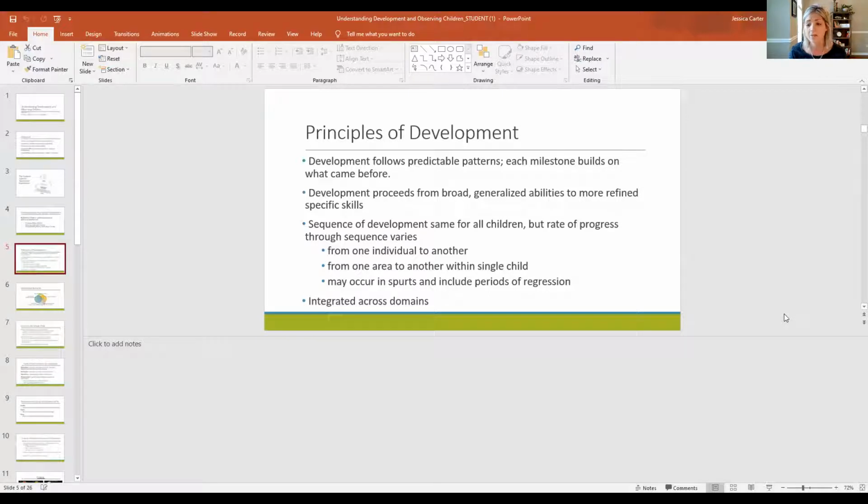And sometimes we also see regression. Regression can happen particularly in one area when we're seeing major growth in another area. But sometimes regression just happens based on different life experiences. I remember my daughter was 6. We moved recently into a new home, and it's been over a year ago now.